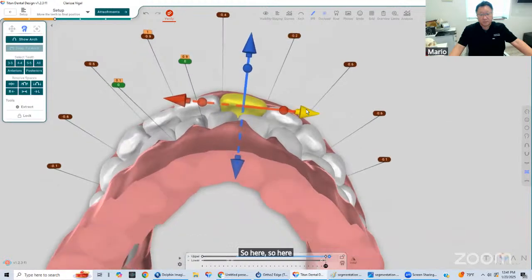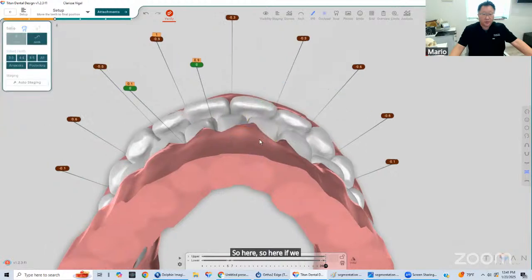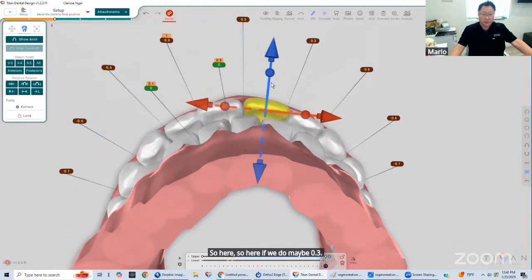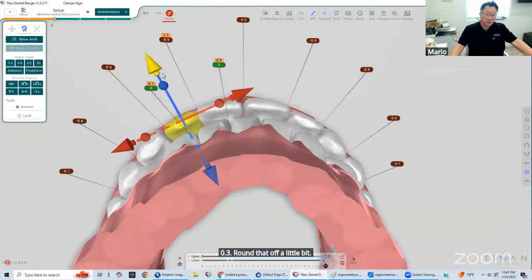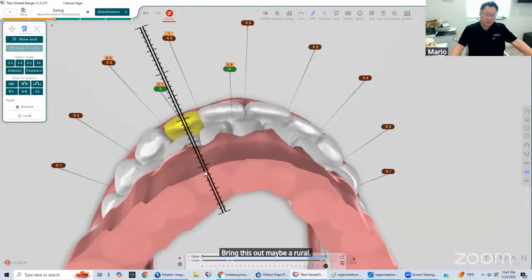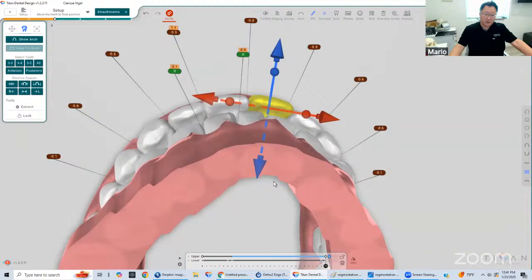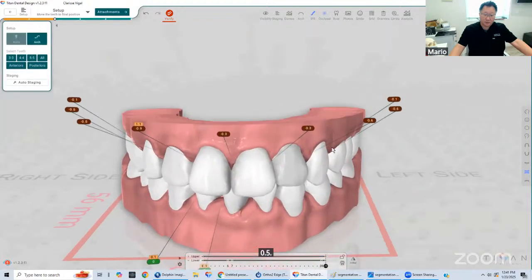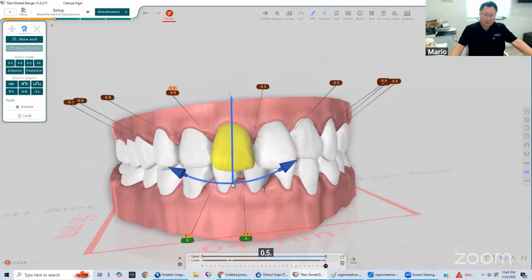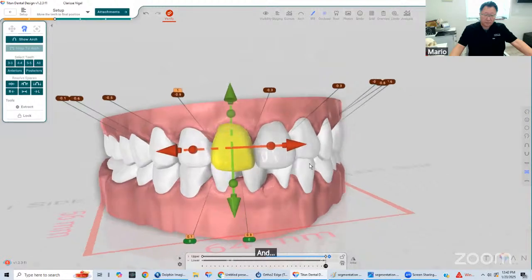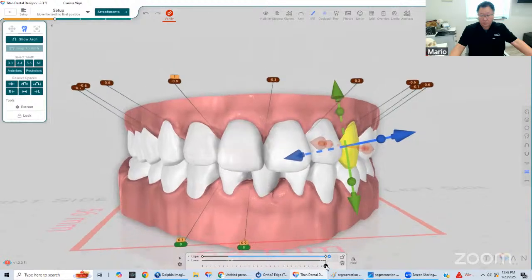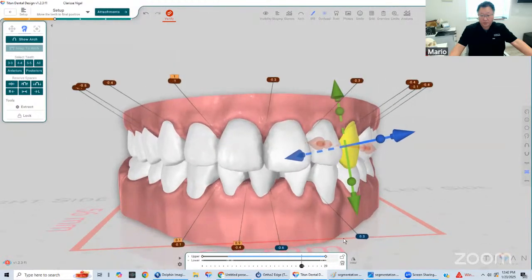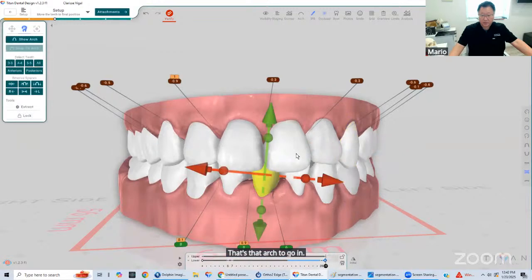So here, if we do maybe 0.3, round that off a little bit, bring this out maybe a little, 0.5, okay, and got that arch development, got more or less this there.